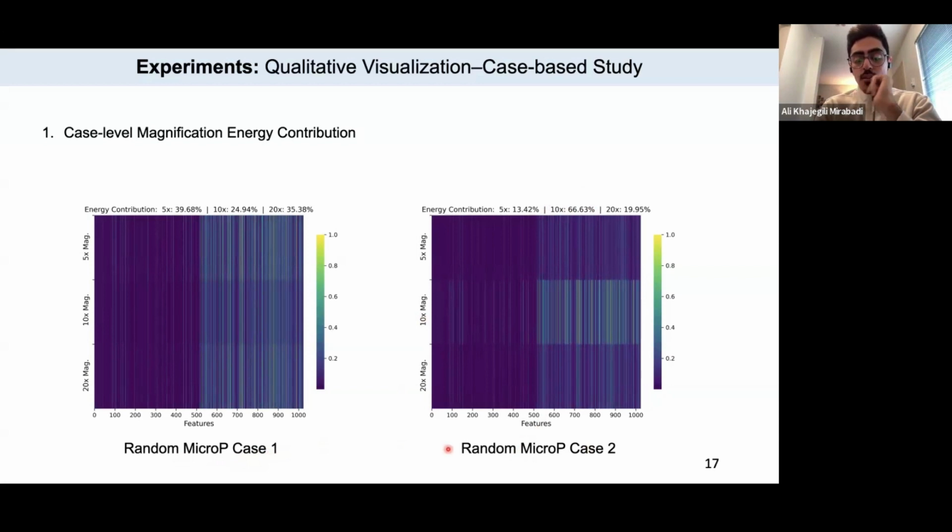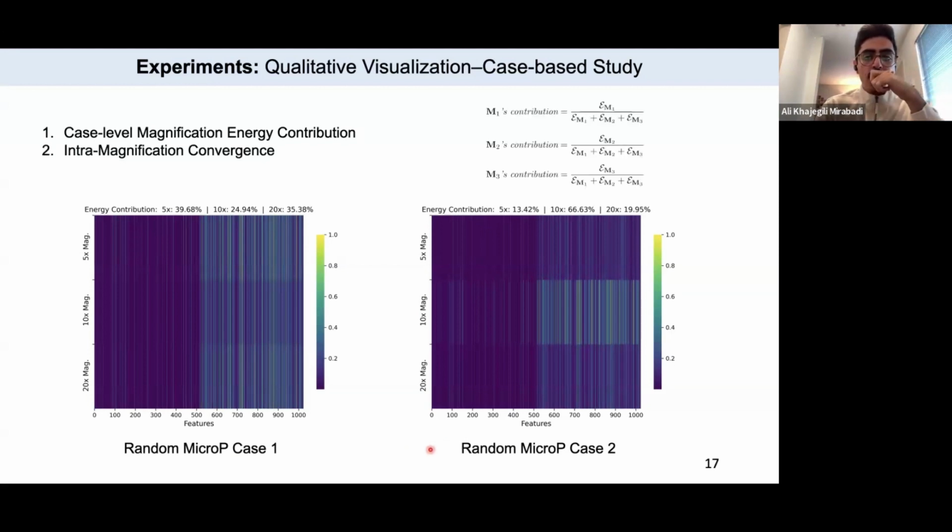It's not like when the patches or the slides are similar, the model goes and picks just one magnification. Depending on the case and the feature, it still focuses on different magnifications. And yes, it also shows the intra-magnification convergence. These are the features basically.